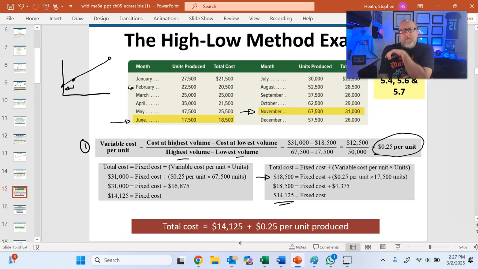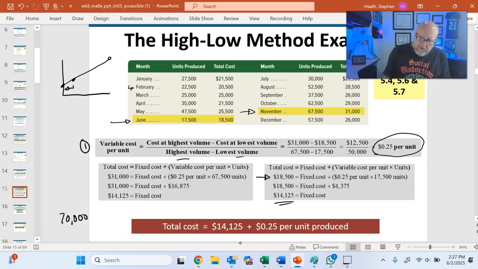Awesome stuff. Really cool. So let's say we want to produce 70,000 units in some month next year. How much is that going to cost?